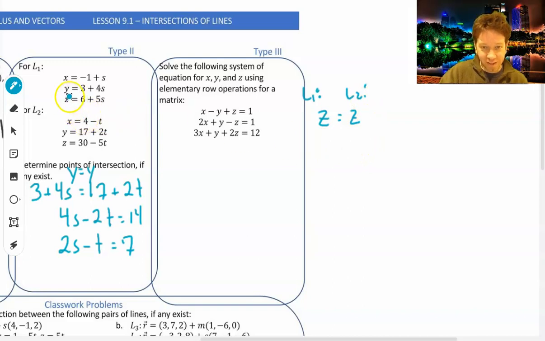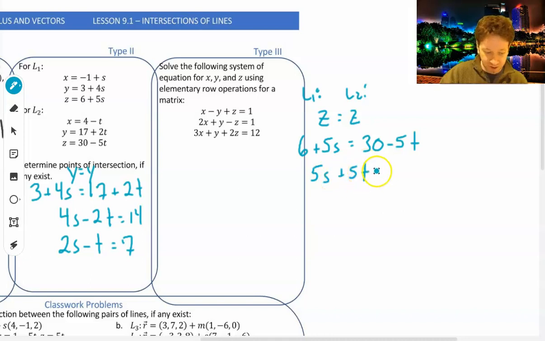So when I do that, you get line 1, 6 plus 5s equals line 2, 30 minus 5t. And, okay, we can clean that up a little bit. We can write it as 5s plus 5t equals 30 minus 6, which is 24.